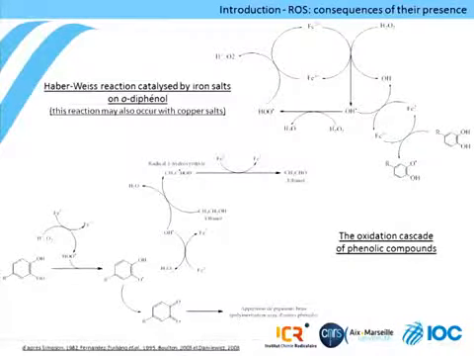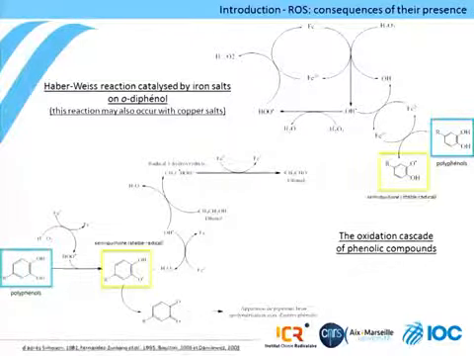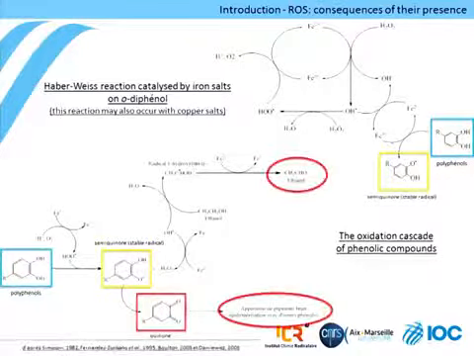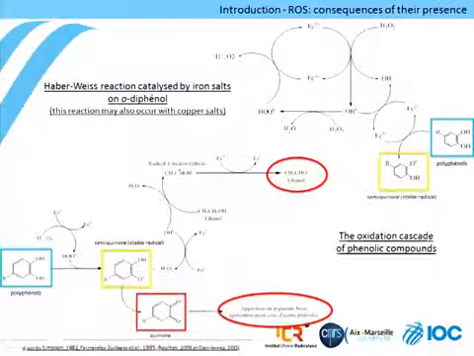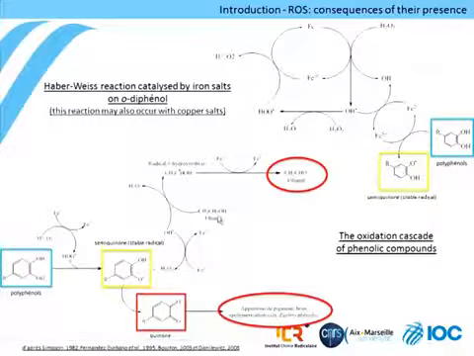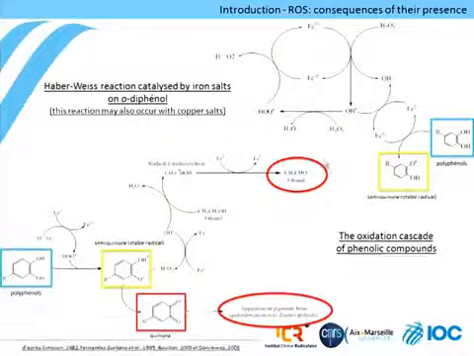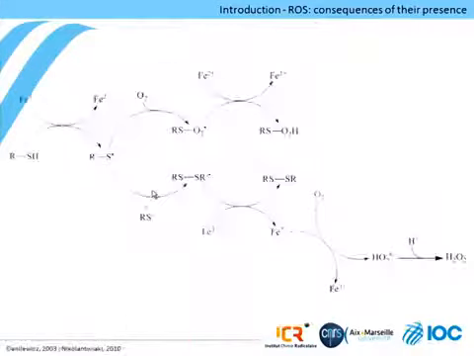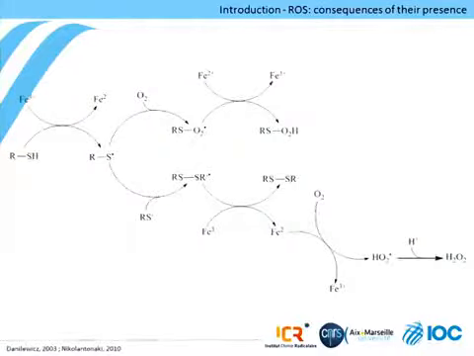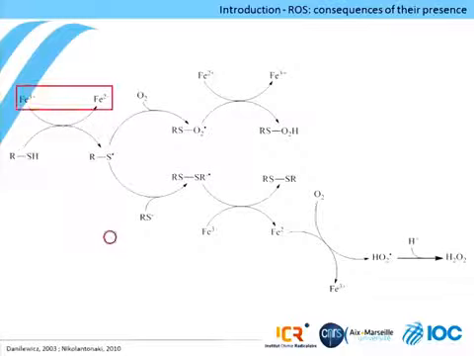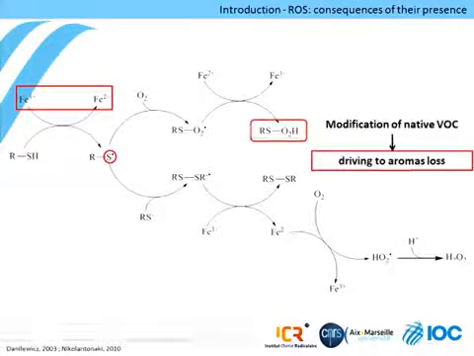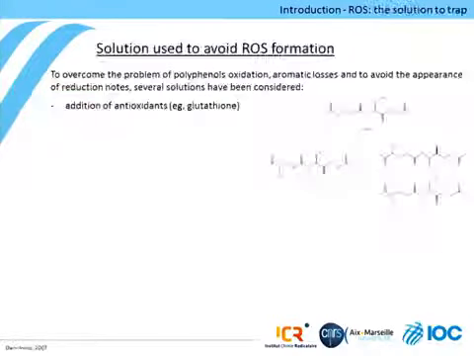The presence of these compounds of course produces a number of effects, because due to the presence of polyphenols, this leads to semi-quinones, which can then lead to quinones, and by means of polymerization, they can also lead to colored phenols. Or, if ethanol is present, we will have, again, ethanol, due to the very presence. I would also like to add that these species make it possible, due to the presence of metals in the solution, to have a modification of native VOC, which then leads to a decrease in the aroma.